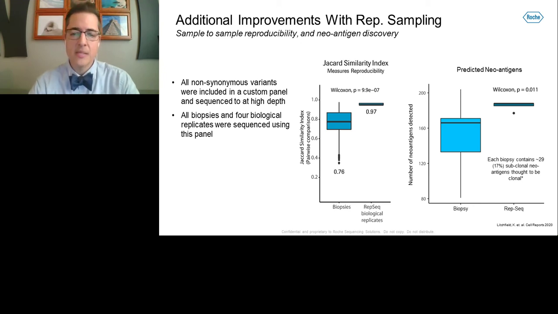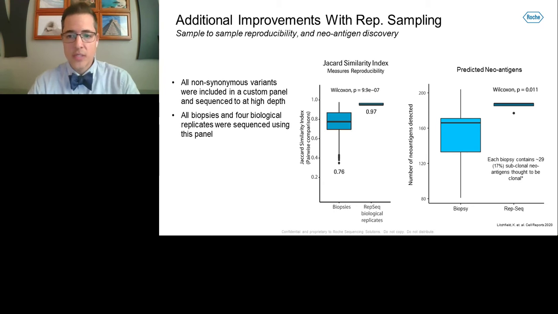And what that means is any given biopsy is likely to miss 25% of the variants from any other biopsy. Whereas when you homogenize, you're around 97%. So it's almost totally reproducible. And this makes sense given the mathematical predictions of representative sampling.